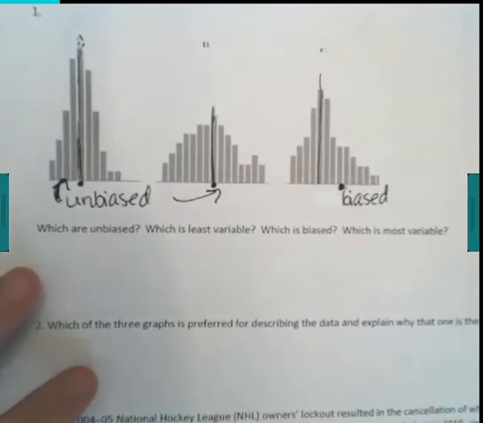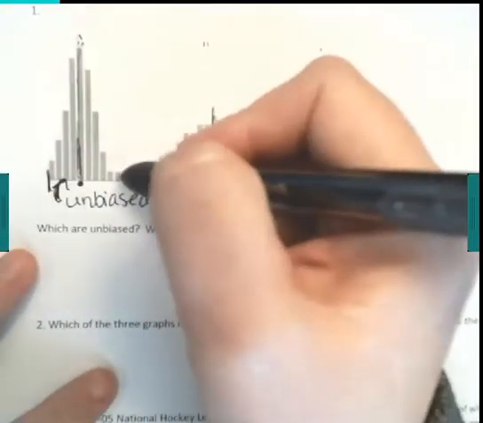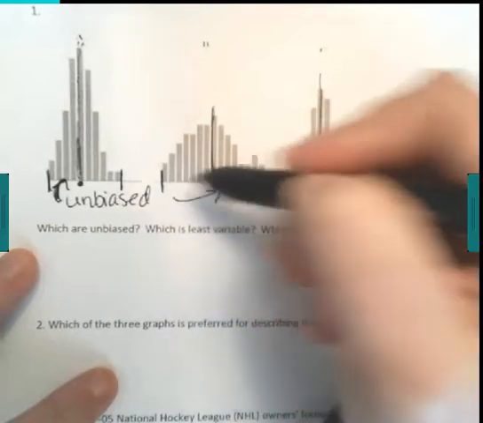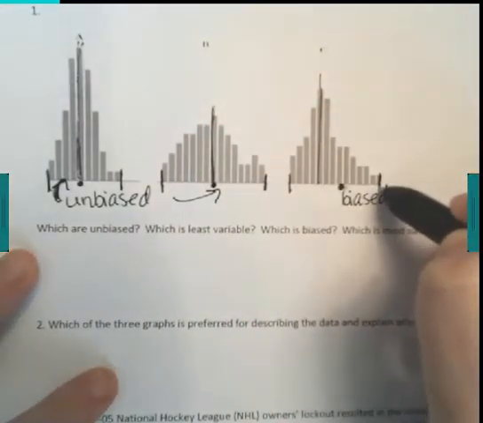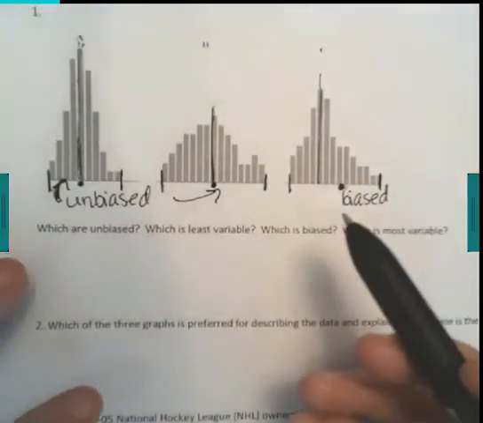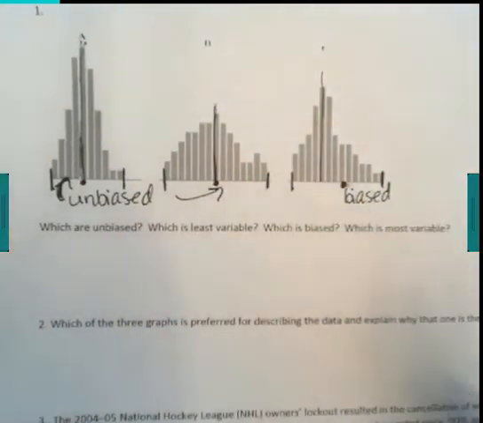Okay. The second thing we were talking about is variability. To see which one is least variable, most variable, you just want to look at how wide each of these is. And we're assuming that they're in the same scale. They might not be, but if they weren't, we definitely have that at the bottom of the scale so that you can see the difference.